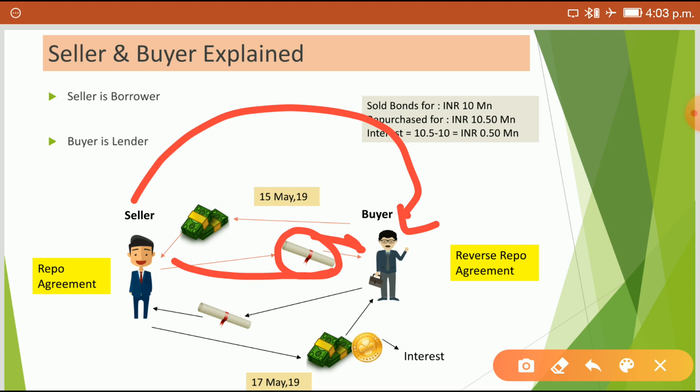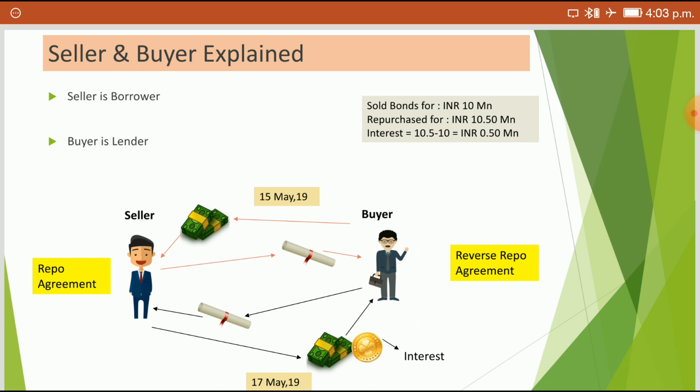So the seller gives bonds valued at 12 million to the buyer, but borrows 10 million rupees, with an agreement that on 17th of May he will purchase those securities back from the buyer by paying 10.50 million.